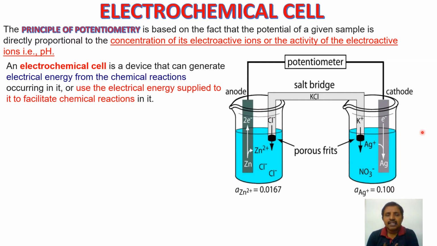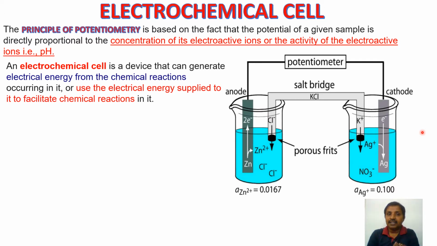Next, an electrochemical cell is a device which can generate electrical energy by means of a chemical reaction, or by using electrical energy, it can facilitate a chemical reaction to occur. Either two processes are taking place.